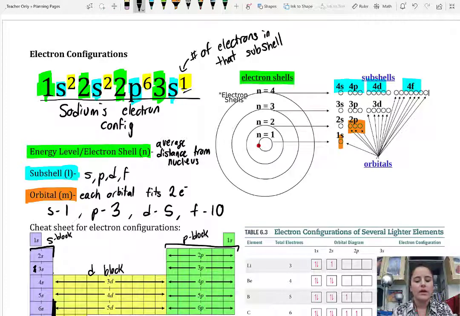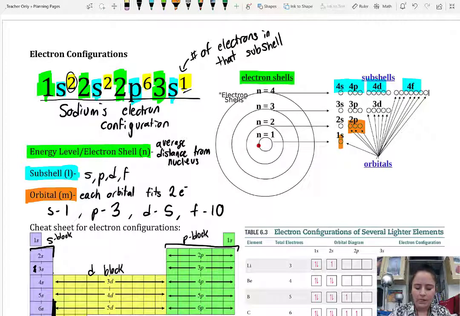Another way that you could get that is you can always count up the electrons. 2 plus 2 is 4, plus 6 is 10, plus 1 is 11, and sodium is atomic number 11. So a neutral atom of sodium would have 11 total electrons.